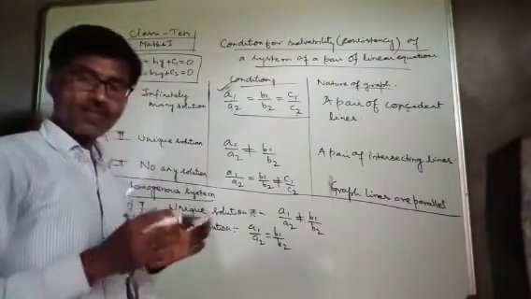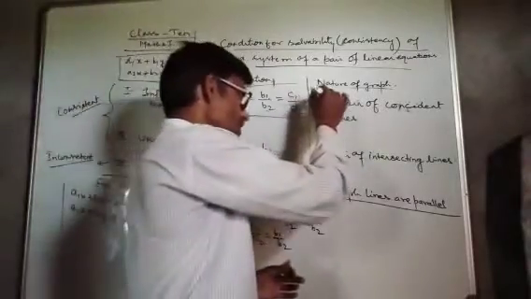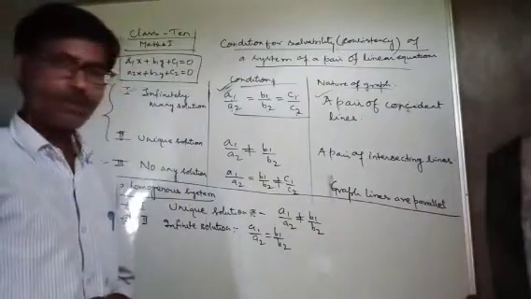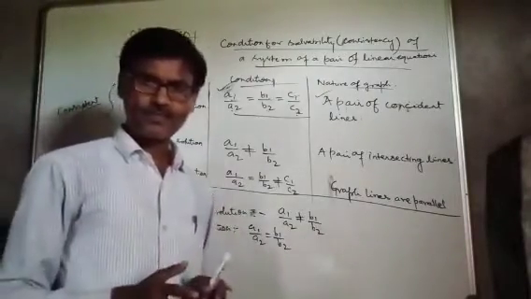And the graph corresponding to this condition is a pair of coincident lines. Means the graph lines coincide each other.